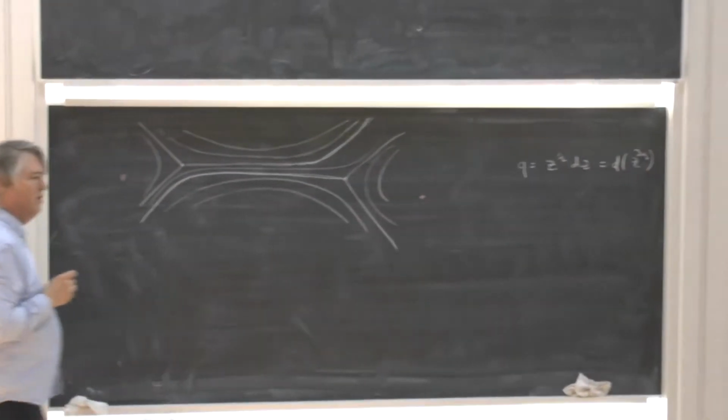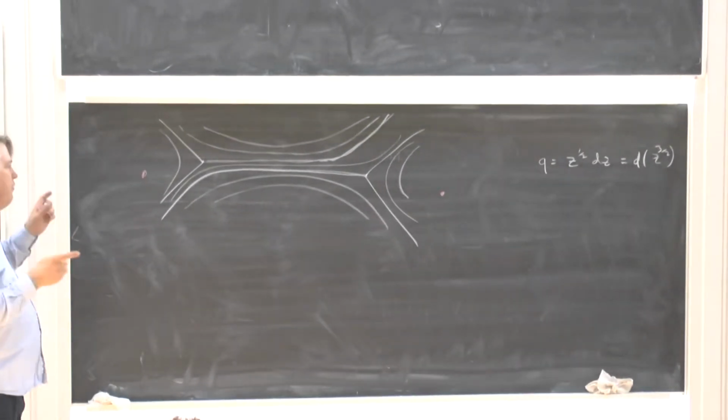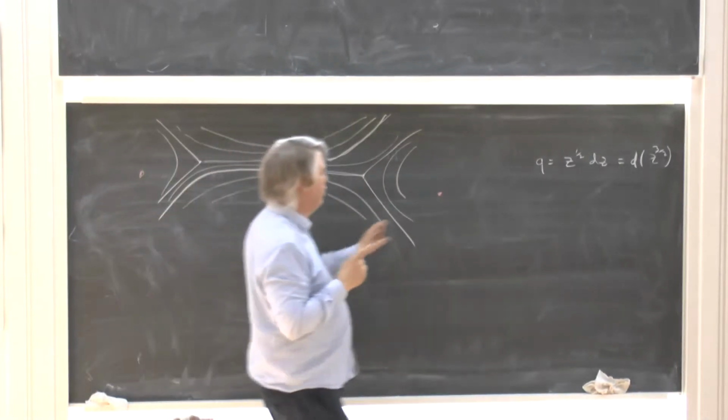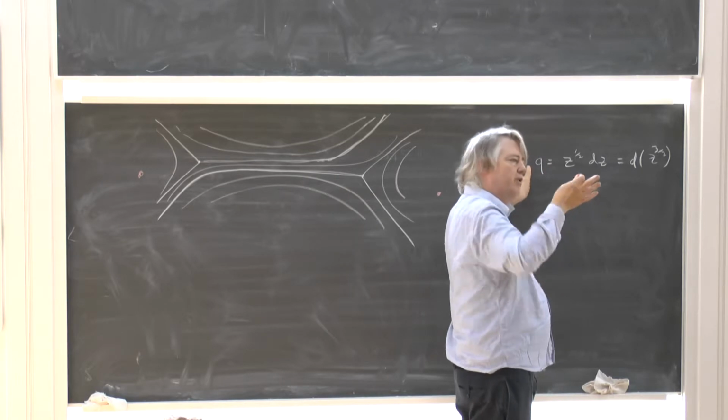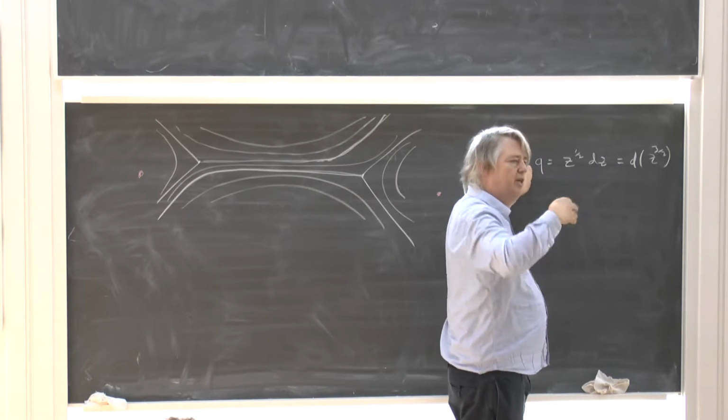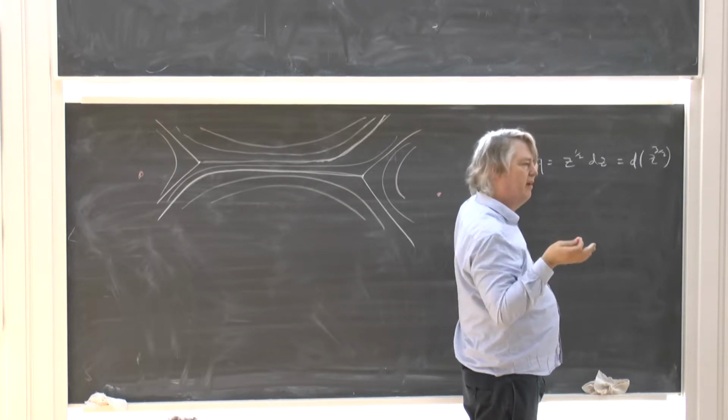Is there some genericity assumption on the quadratic differential, or is it always? If the quadratic differential is generic, and in particular you can multiply by a rotation. If you multiply by a rotation, that's going to change the real part. If you multiply by a general rotation, then there will be no saddle connection.